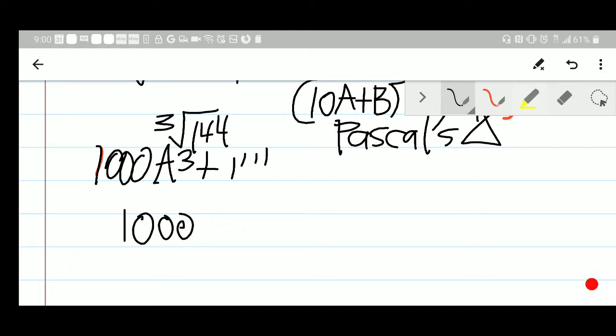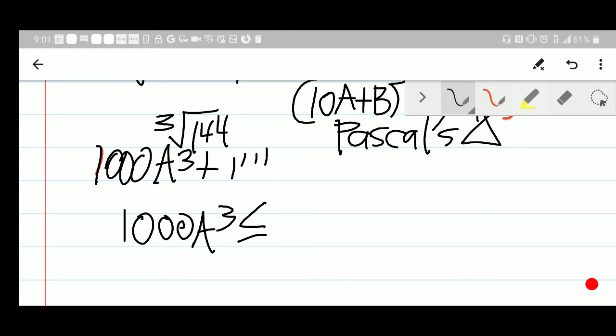And you would do your same thing, 1,000 a cubed, less than or equal to. For this one, it has to be 3 digits. Okay, has to be 3 digits.